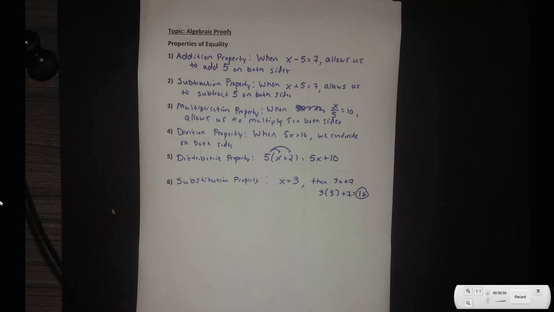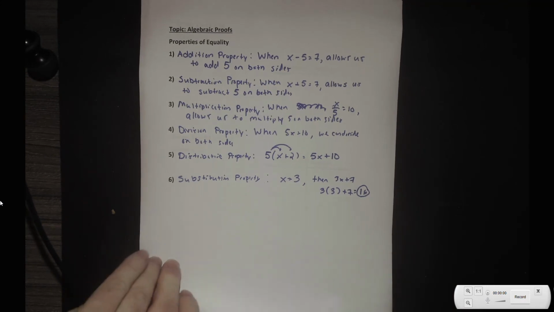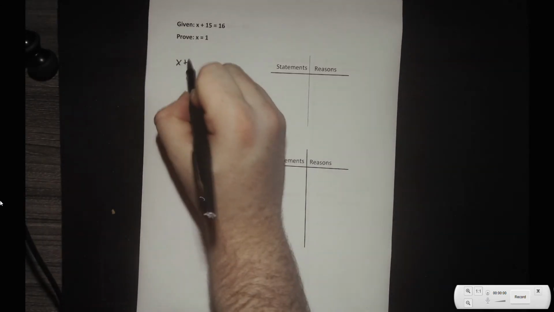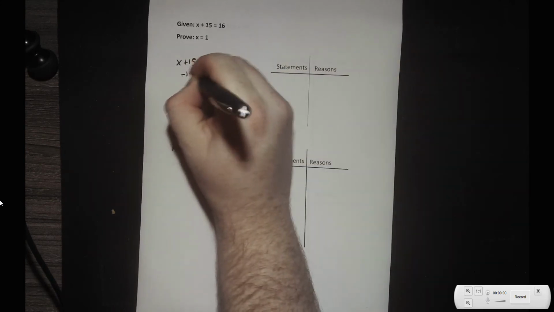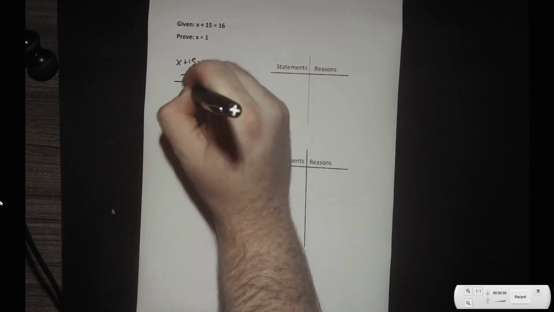Okay, so those are the properties I'm going to work with. So what if I want to prove these out here? Well, probably the best way to look at this would be to solve it first. So we have x plus 15 equals 16, and then subtract 15. That gets me x equals 1.